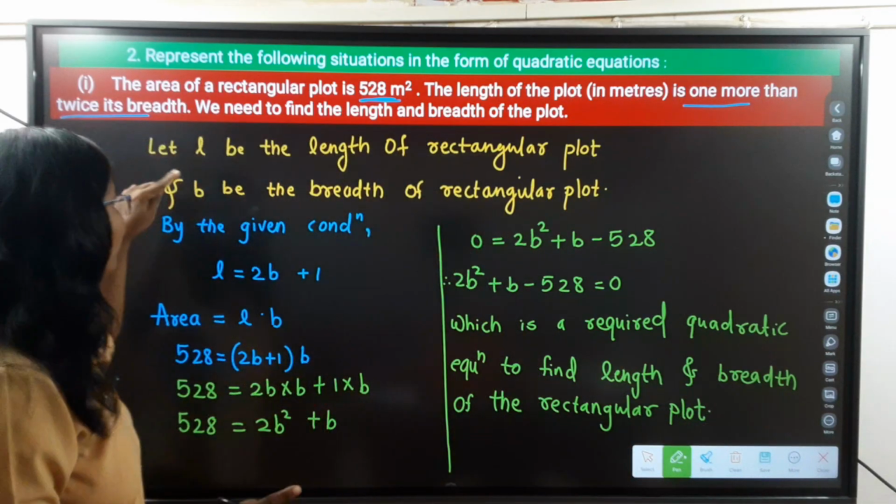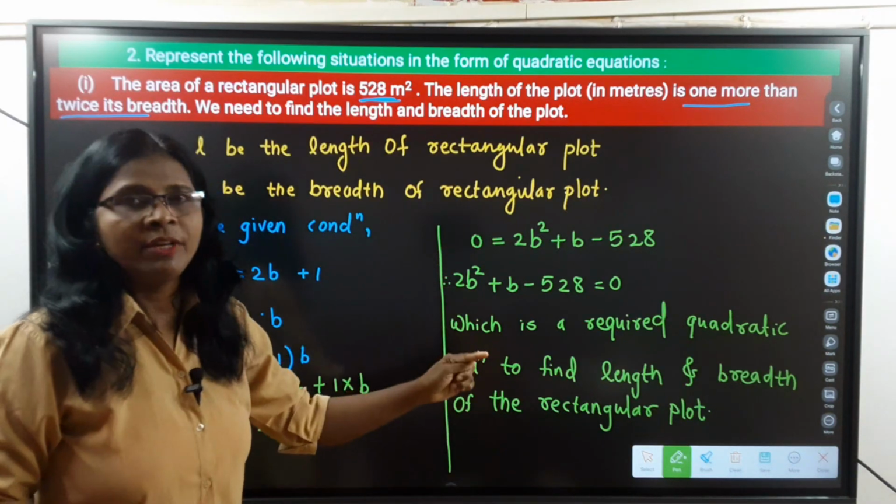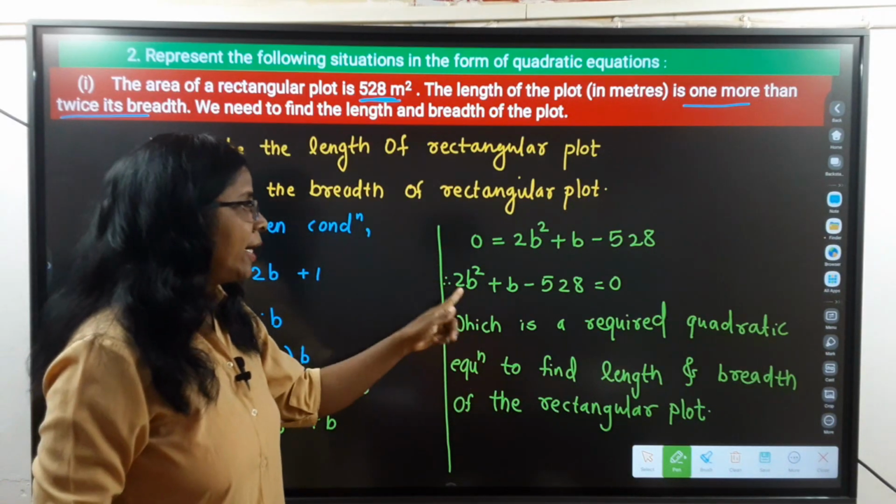In such a way you have to follow these steps and solve this, and you can get the quadratic equation.